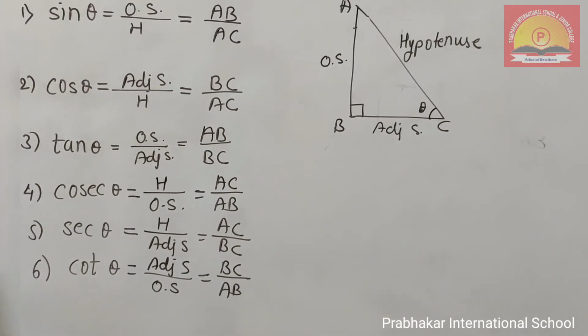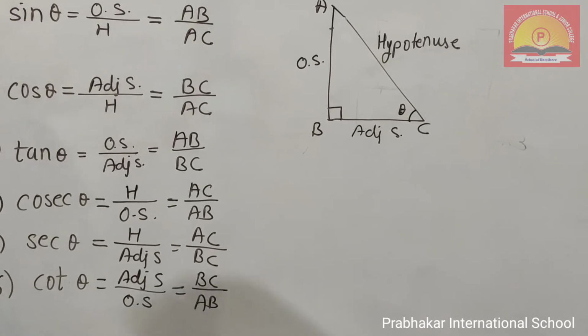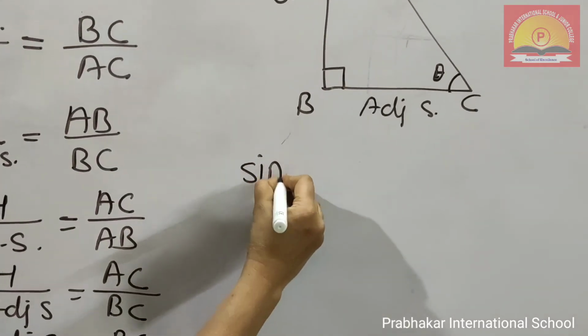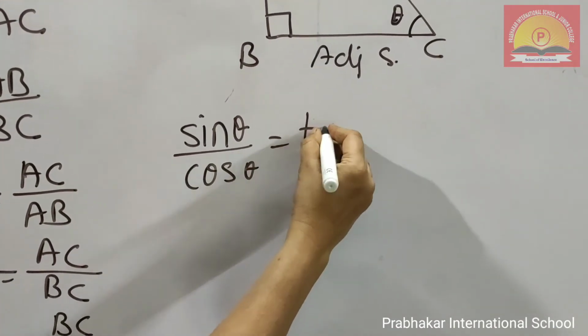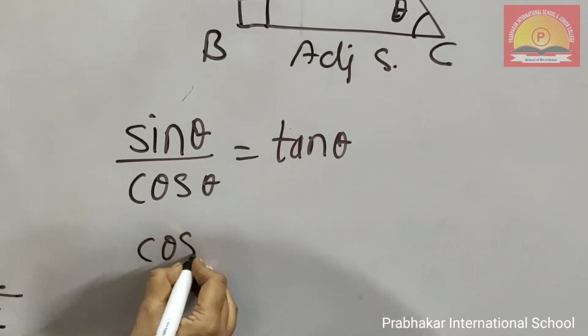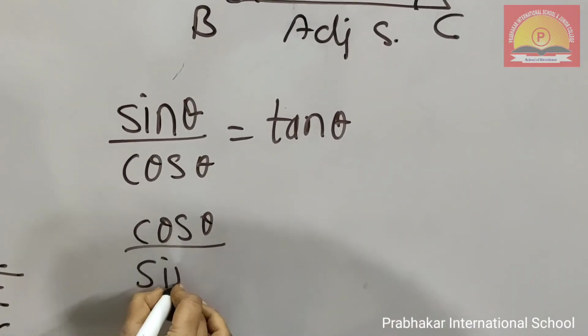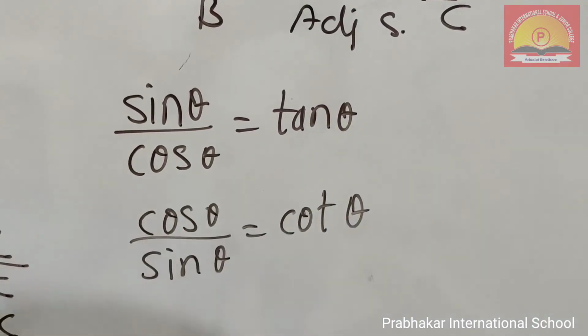Then we are going to study some relations in ratios. Sin theta upon cos theta is equal to tan theta. Cos theta upon sin theta is equal to cot theta. These are the relations.